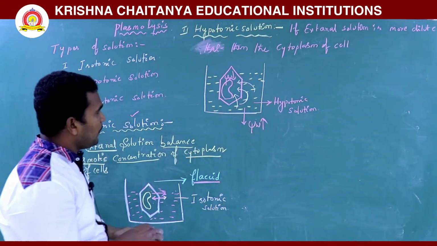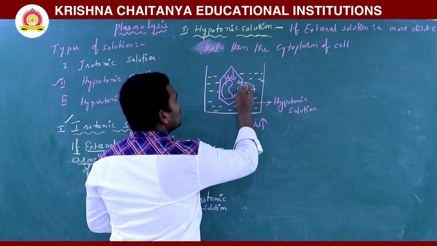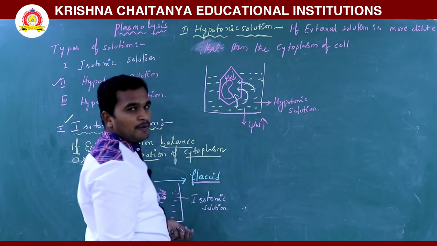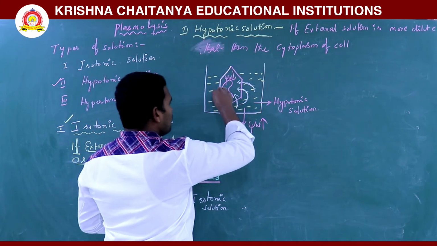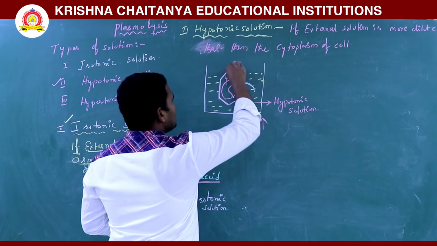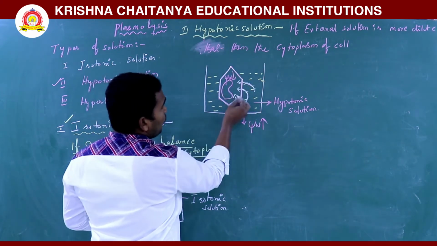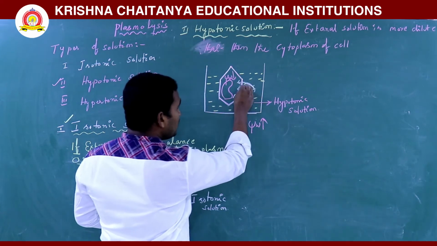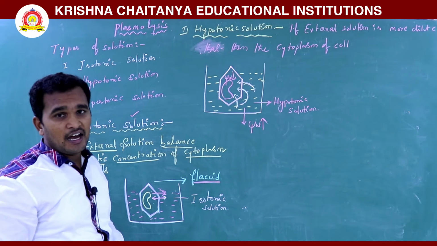So water enters the cell, then some pressure will be created on the walls. Again it is opposite, the cell wall also pushes with some pressure. Once water has entered, hydrostatic pressure will be created on the inner side.